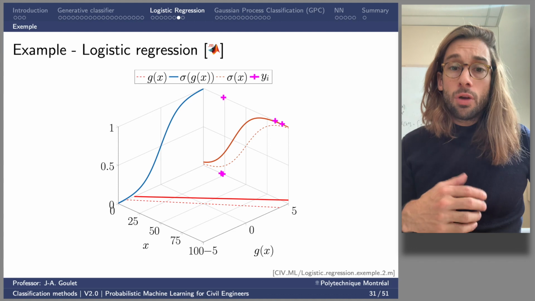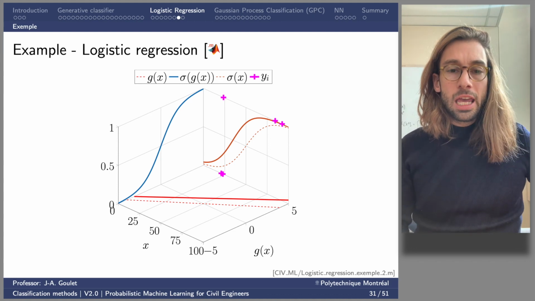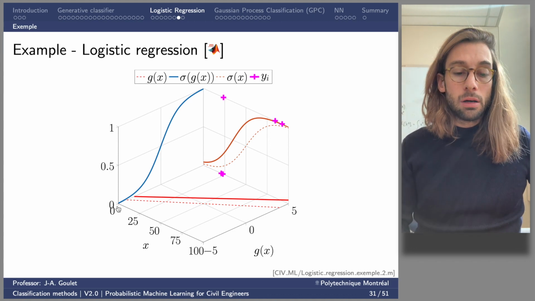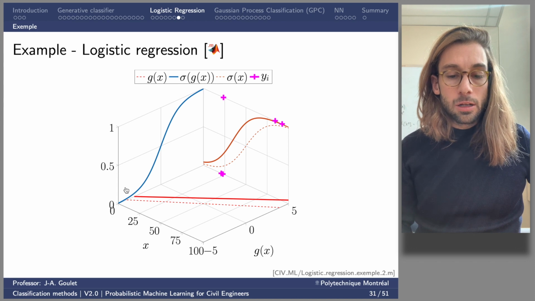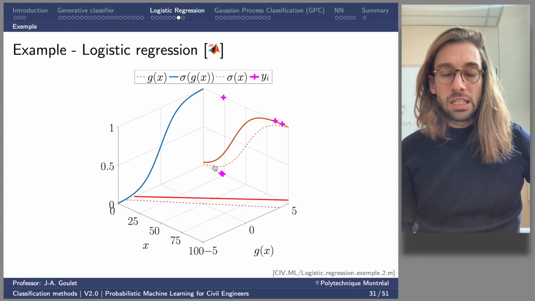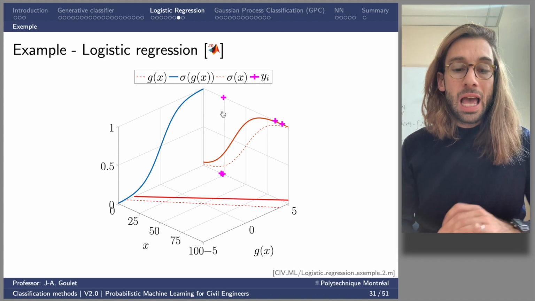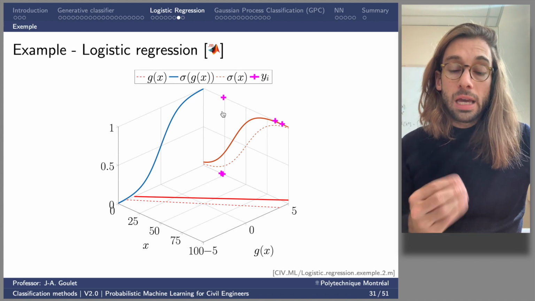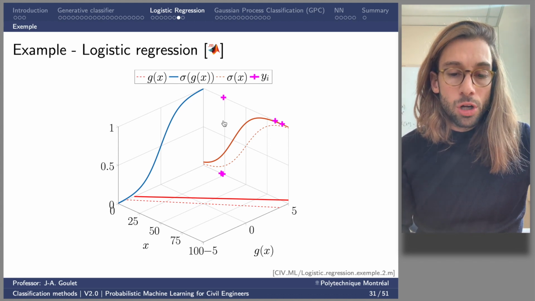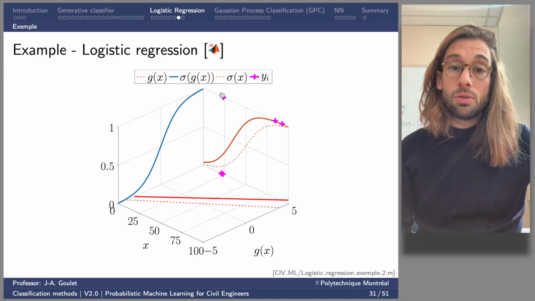So if we put that into application, here I've generated synthetic data. The synthetic data is that red dashed line here for the latent space and for this classifier. And from this synthetic reality, I've generated samples, so samples of observations. I have 1, 2, 3, 4, 5 observations.